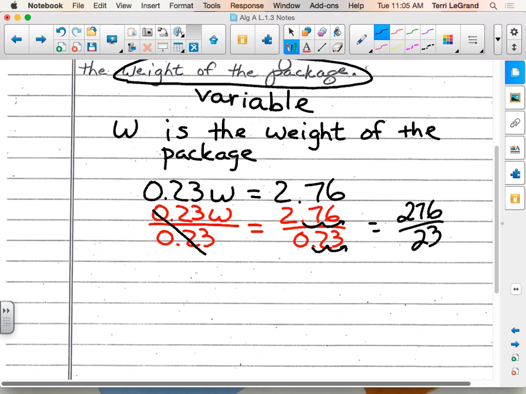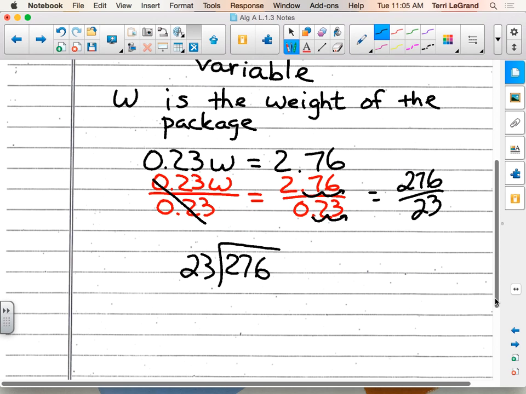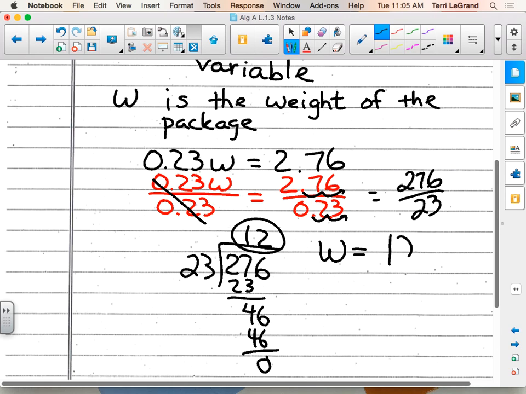There's 2, aren't there? So basically what we're doing in class is this right now. I'm just trying to have you do it in your head. We are dividing 23 into 276, and we end up with a remainder of 0, so we can say the answer is 12. W is 12.